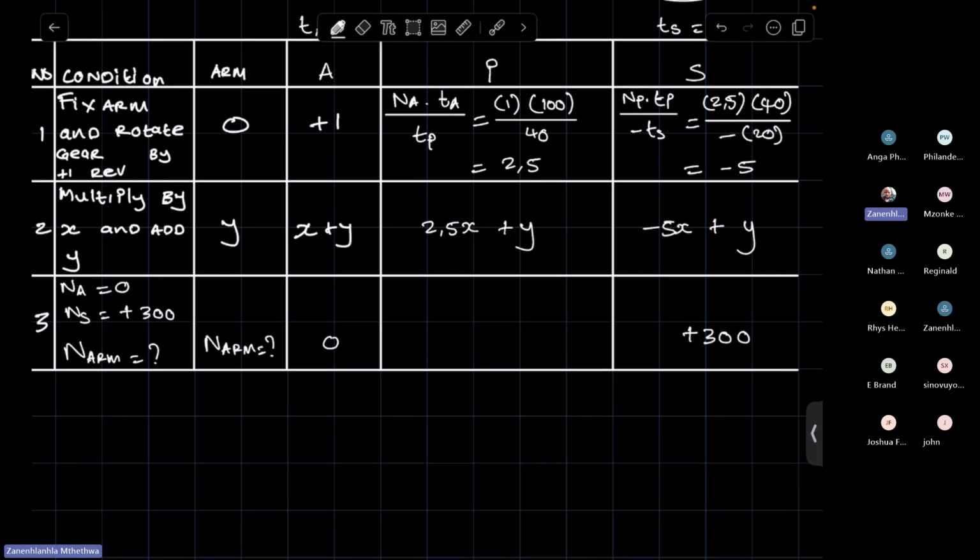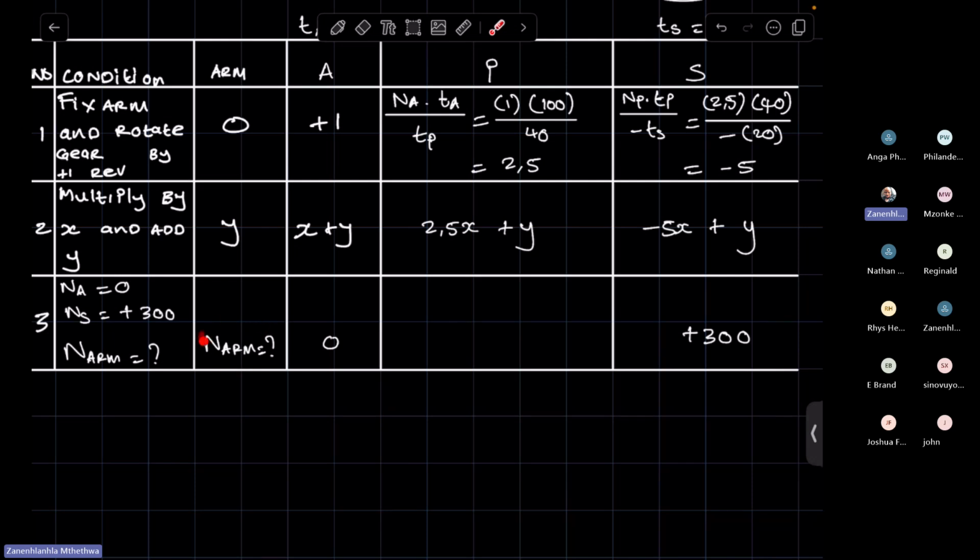No questions. Wonderful. Now, to determine the rotational frequency of the arm, what we do next is equate the third condition with the second condition to formulate equations, which we will then solve simultaneously to determine what we are looking for.